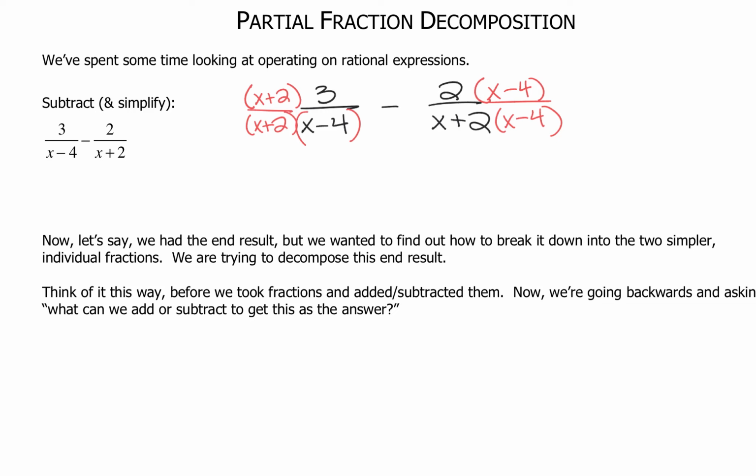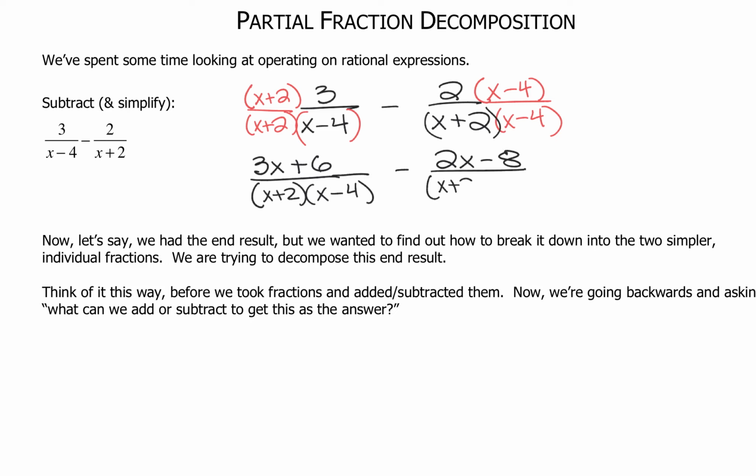So once I have this, we'll have 3x plus 6 over, I'm just going to keep the denominator factored in case anything simplifies later, subtract 2x minus 8. And now we have that common denominator. So we know 3x take away 2x should just be x.